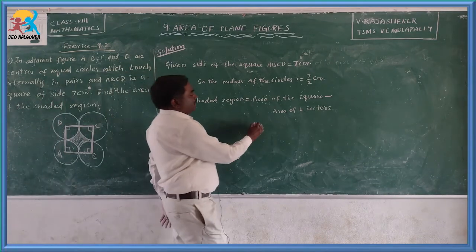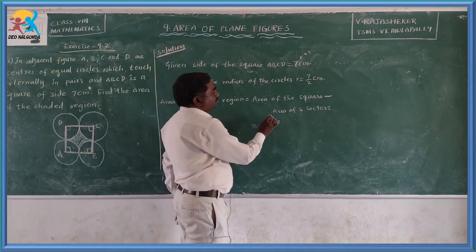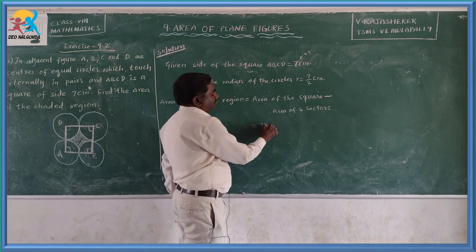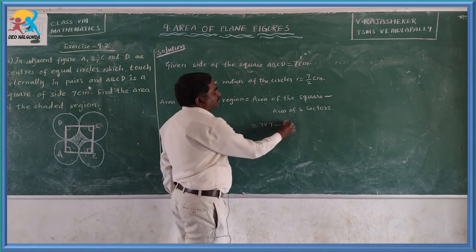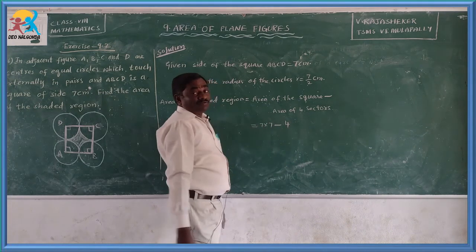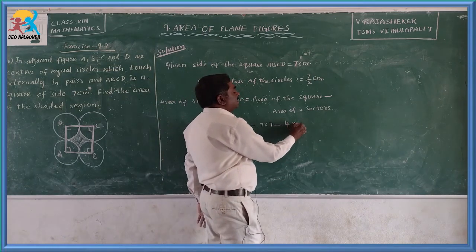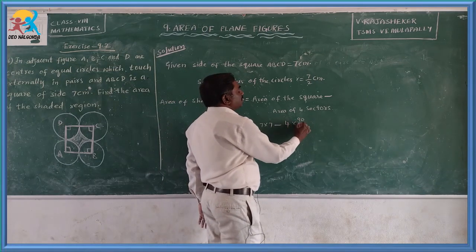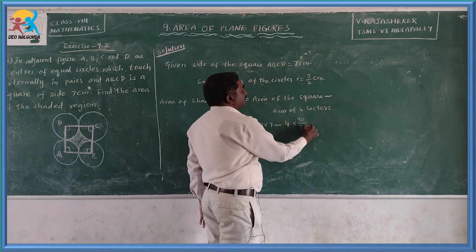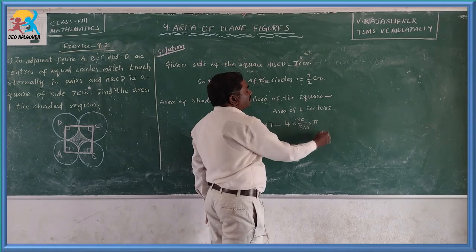Area of the square means side into side, 7 into 7, minus 4 sectors, which are equal: 4 into sector angle, here 90 degrees by 360 into pi r square.